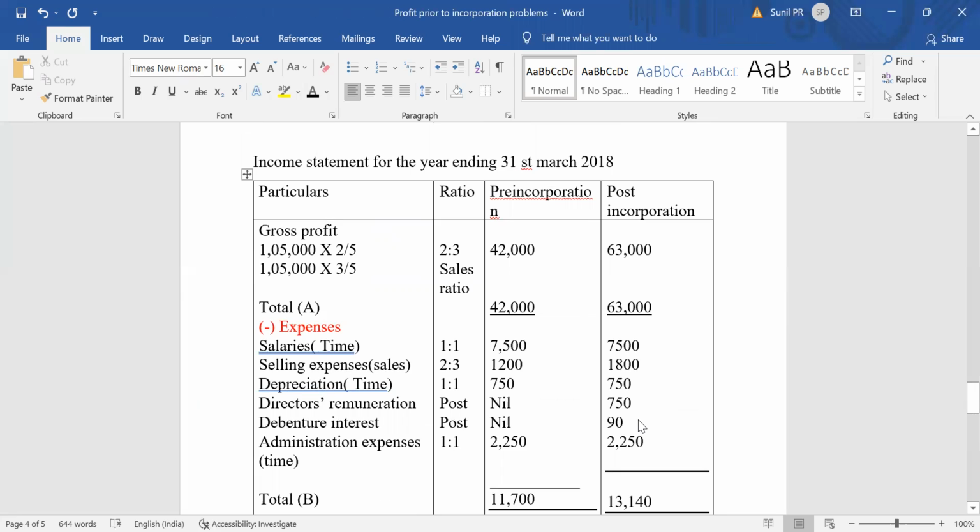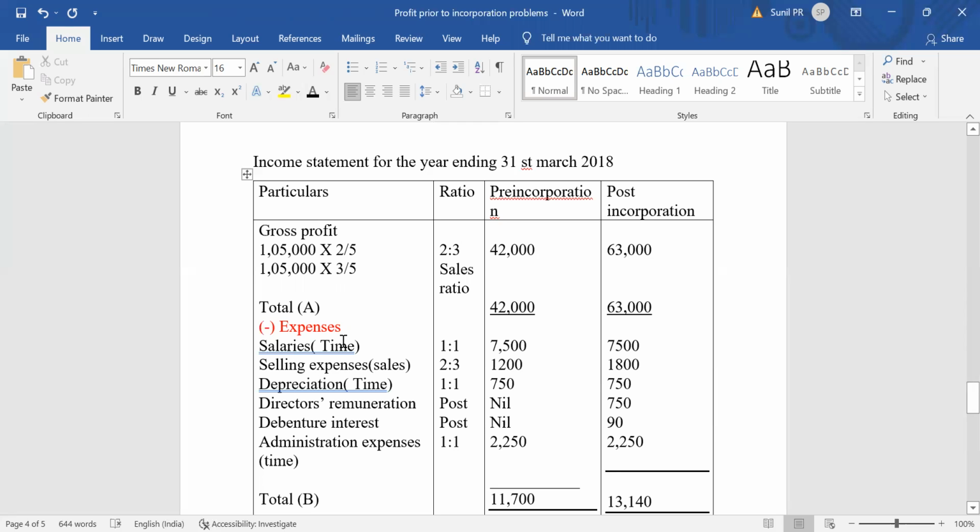First we calculate the ratios, then we make the income statement. The format should be like this: particulars, ratio, pre-incorporation, post-incorporation. After the particulars, first you should write the gross profit. Gross profit should be taken on which ratio? Sales ratio. Next, you put the total, the same gross profit amount.